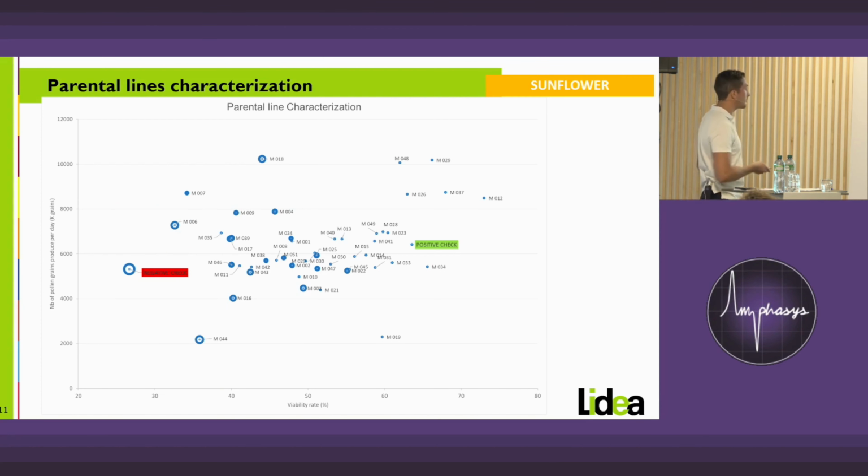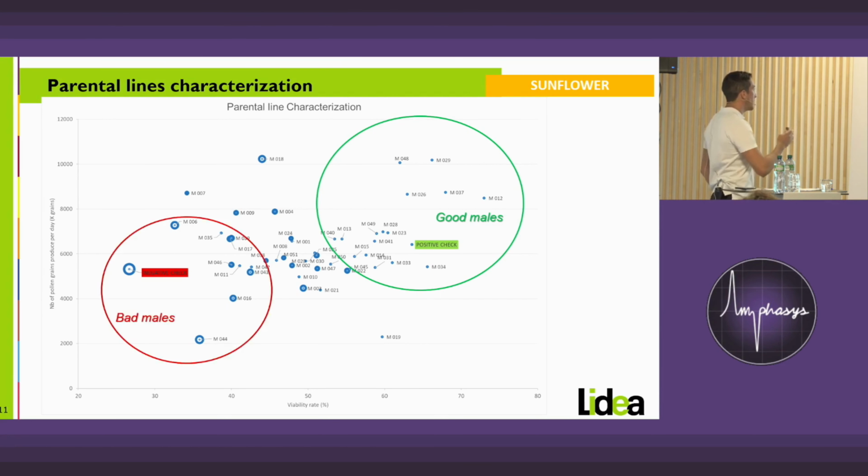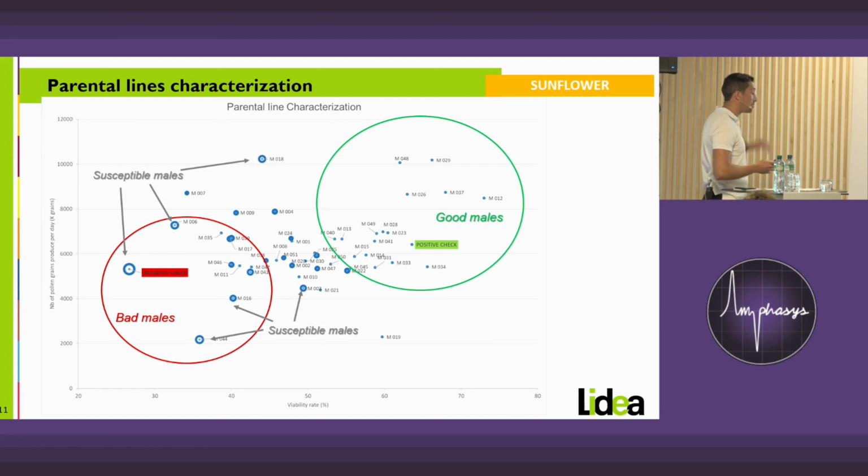With this result, we can detect the good males, which will be the first group, with high quality and high quantity. The bad males with low quantity and low viability. The susceptible males, which will be susceptible to thermic stress. And the rest is the intermediate males.